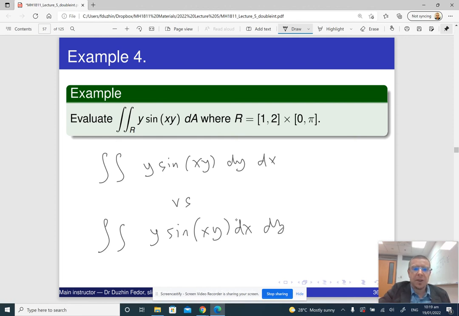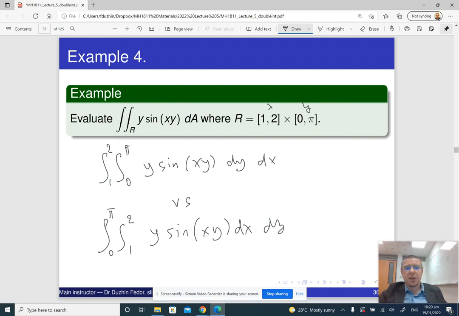If I am integrating with respect to y first, then y changes from 0 to pi, and x from 1 to 2. If we're integrating with respect to x first, then x changes from 1 to 2, and y changes from 0 to pi.